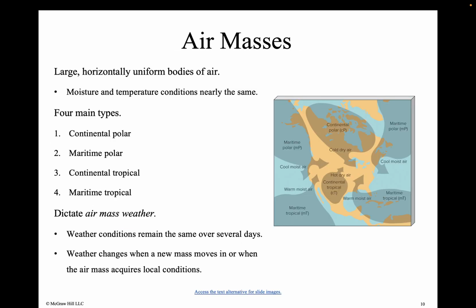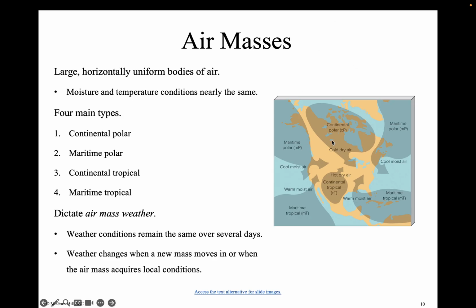An air mass can be defined as a large, horizontally uniform body of air. They form when a large body of air remains over a large area of either land or water, mostly ocean, for an extended period of time.